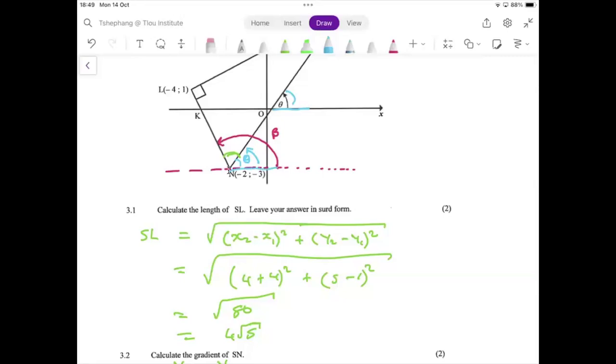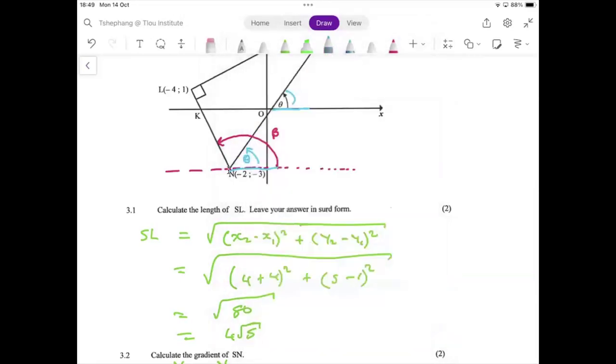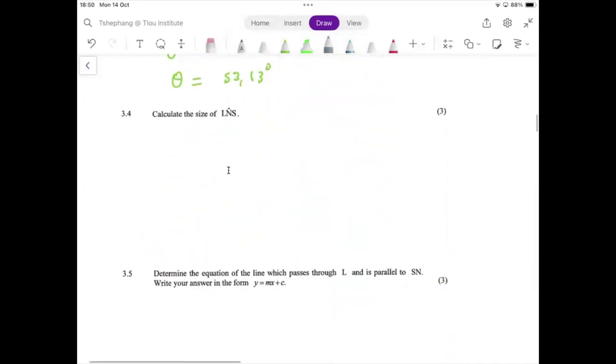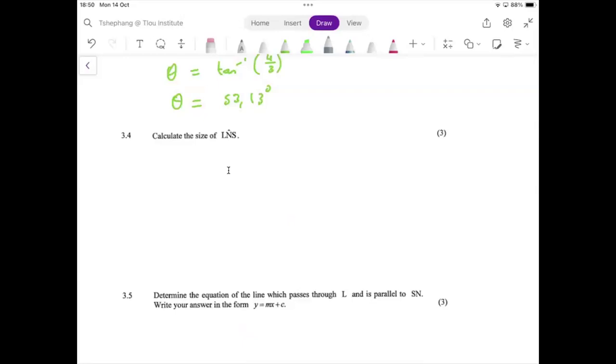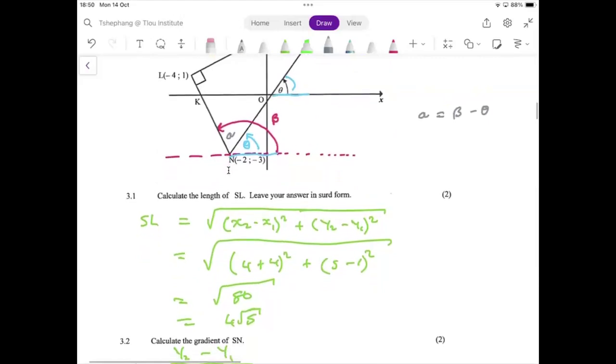Okay, now it will be easy for me to find, let me call this guy alpha. I know that alpha is equal to beta minus theta. So let's find beta first. For us to find beta, we have to find the gradient.